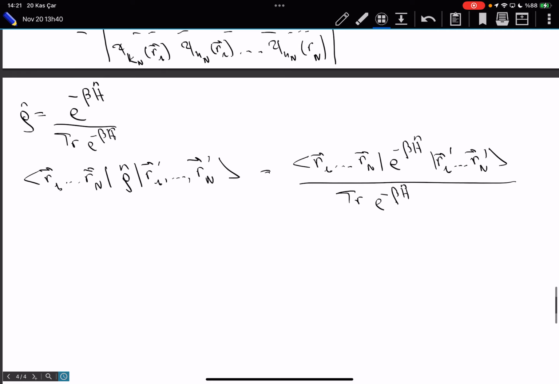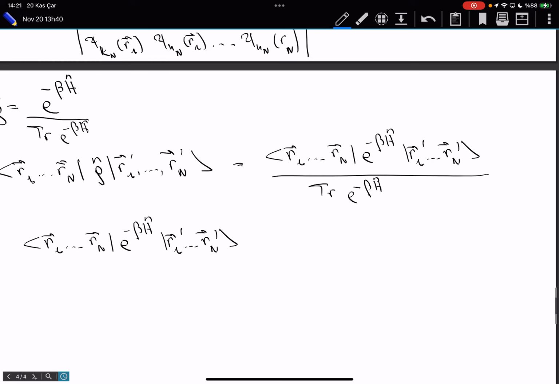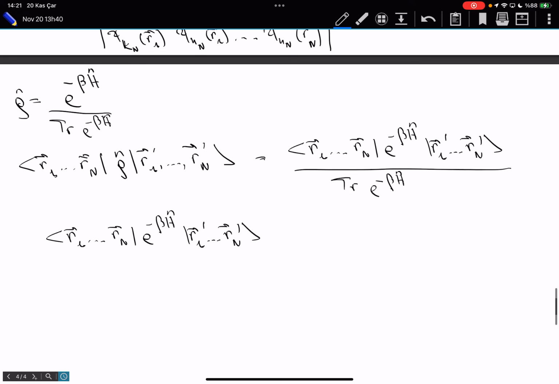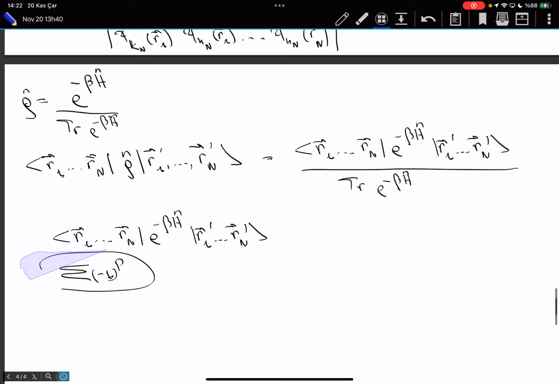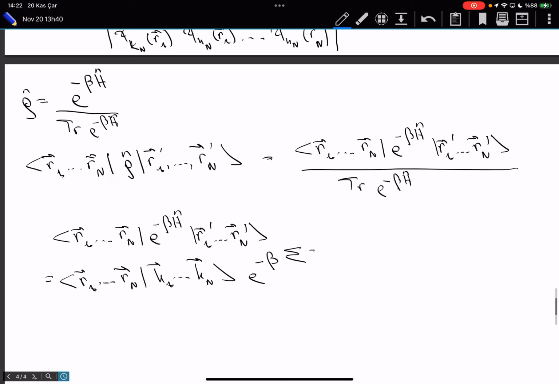So let's look at this one. Well, the bra will be minus 1 to the p. Let me introduce the energy eigenstates first, times e to the power minus beta sum over epsilon ki.